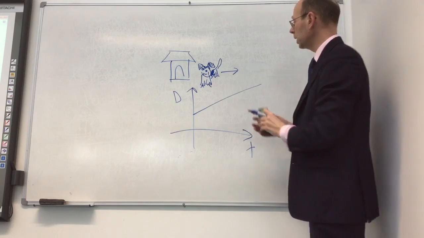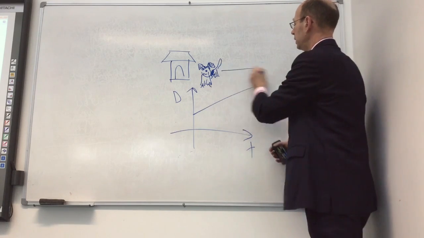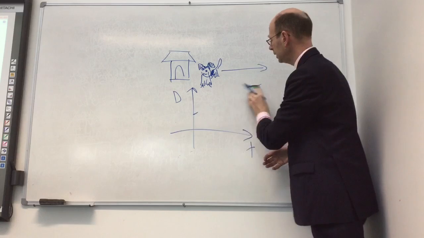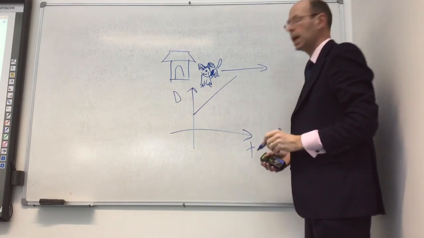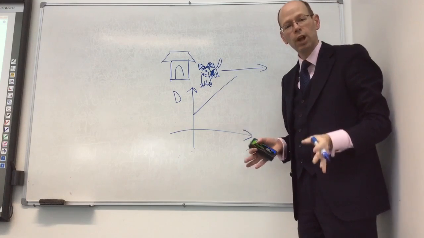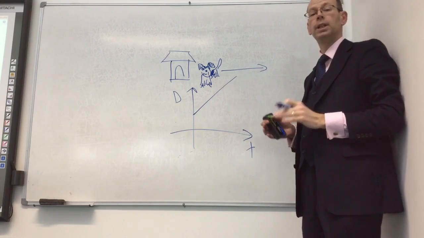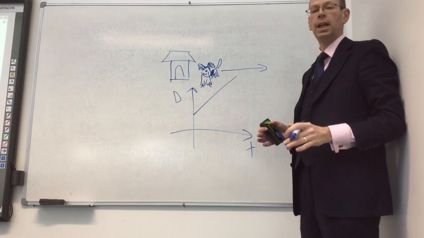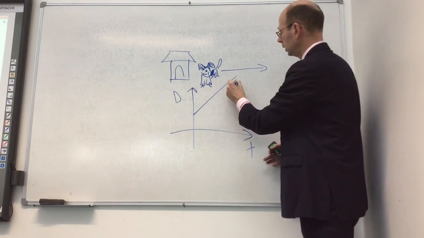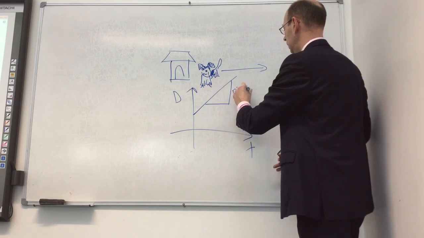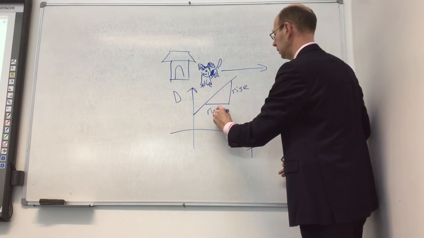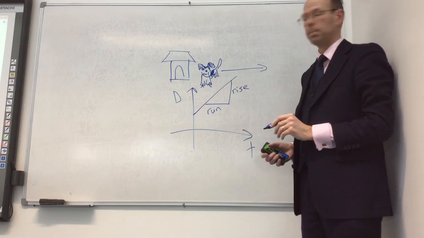If he goes really quickly, chasing a squirrel maybe, then the distance is going to get bigger really quickly, and so we can see that the slope of the distance time graph tells us about his speed. And in fact, if we measure the gradient of that graph, the rise over the run, that will give us the speed.